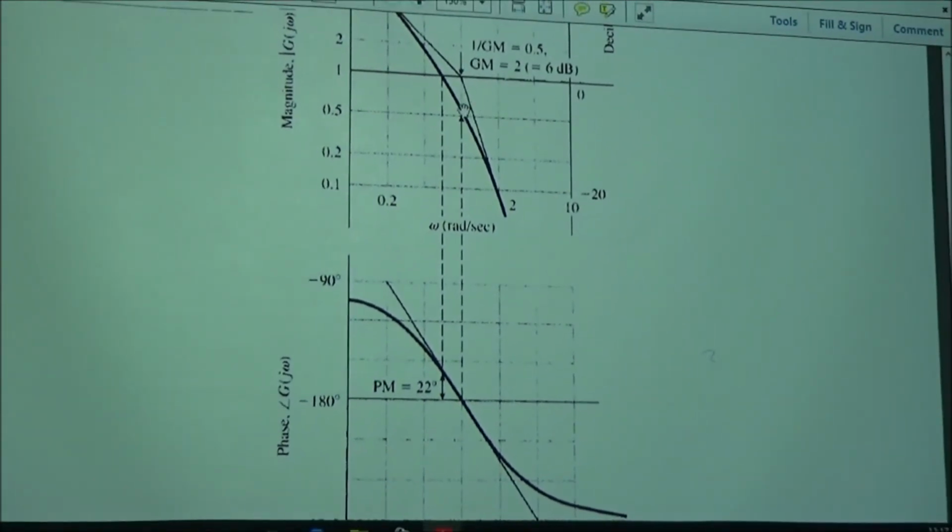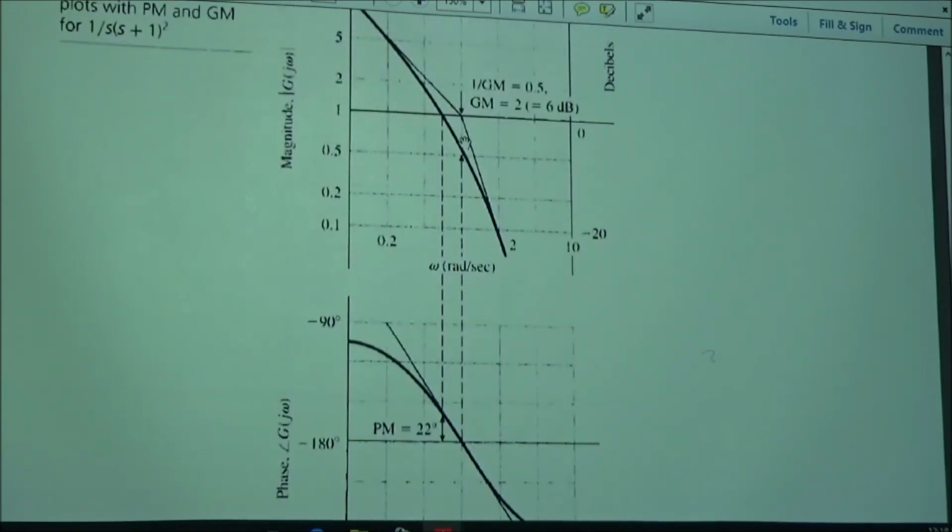Your system is stable, and 1 over GM is 0.5, meaning that if you multiply the gain by 0.5, you will basically run into problem. So that is basically having your pole in the root locus go from left half plane, hitting the j omega axis, and go to the right half plane.